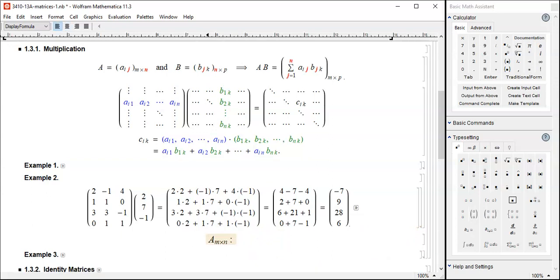Basically, this is acting like a map. Like this. N-dimensional column vector is being sent to m-dimensional column vector. That's what this matrix multiplication is doing. So you can consider matrix multiplication as a map.